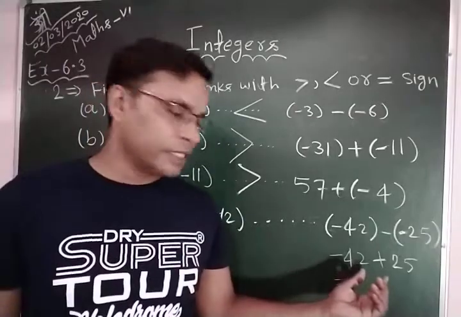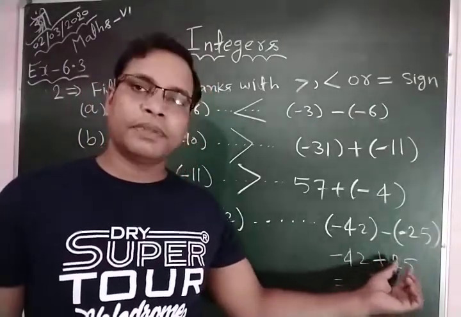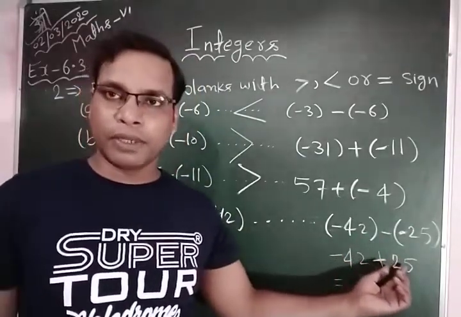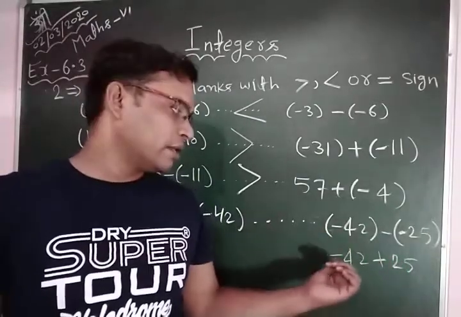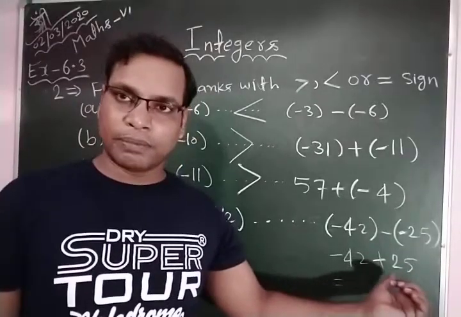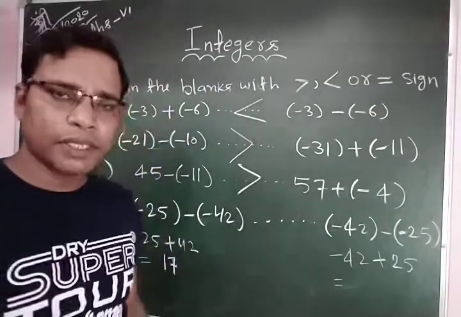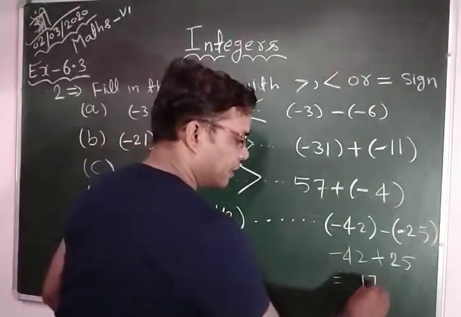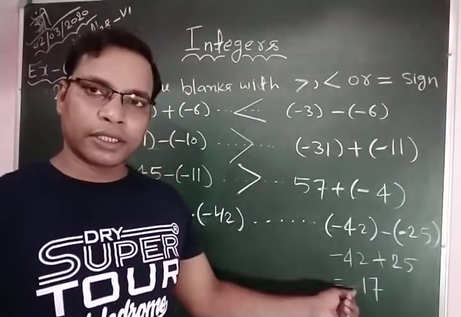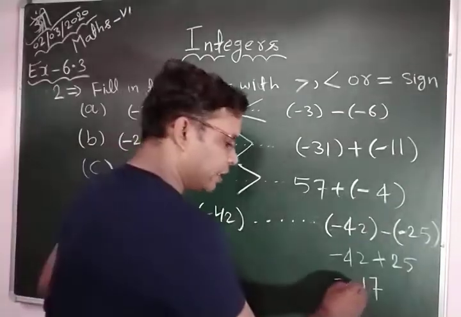So here it is confirmed that 25 is subtracted from 42 because 42 is greater than 25 and both have different signs. 42 has minus sign but 25 has plus sign. So 42 minus 25 is equal to 17, and 42 is greater, so use the greater number's sign. The greater number's sign is minus, so you write minus.